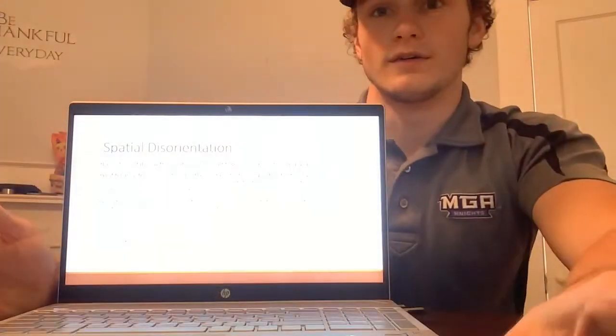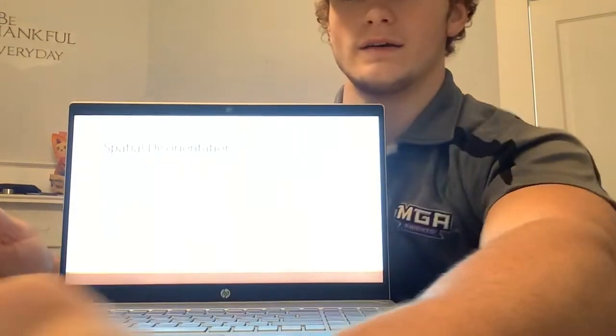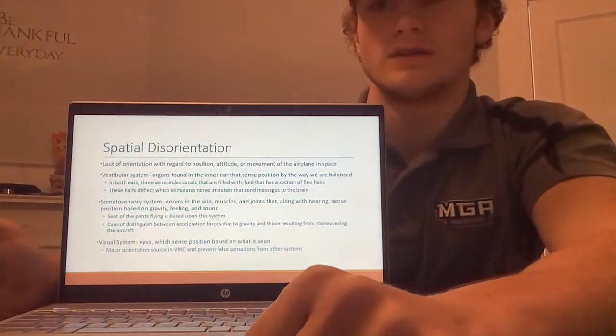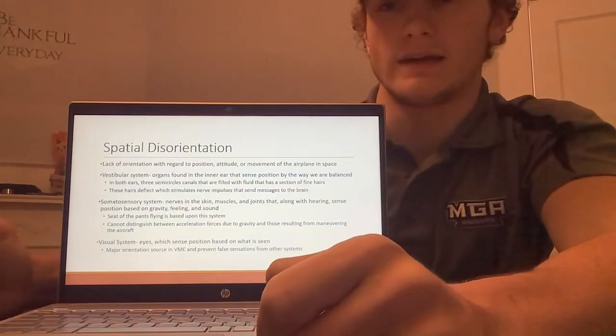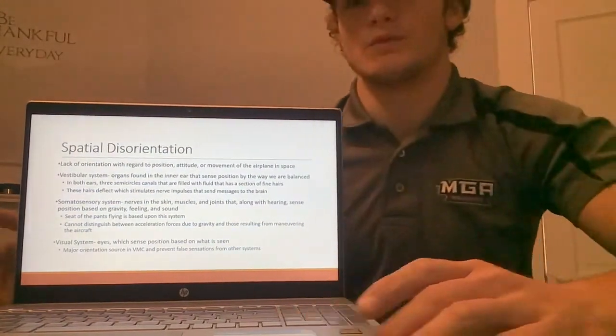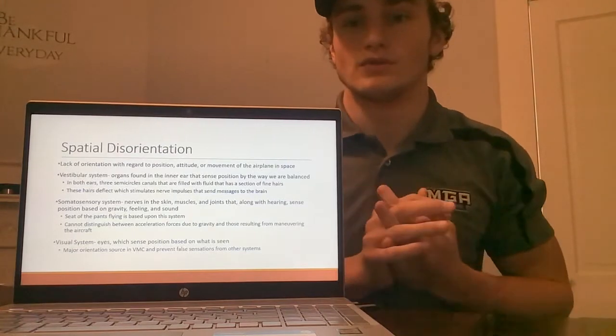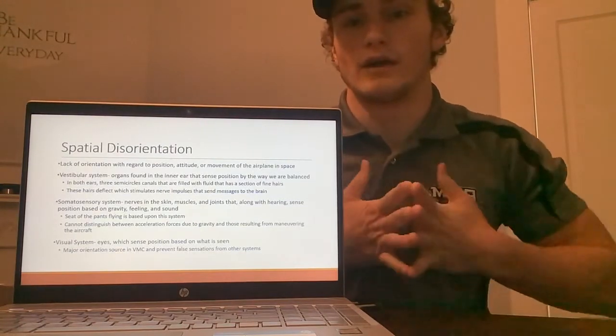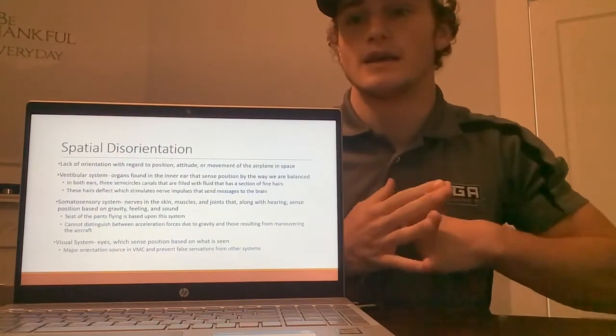The next factor that we'll get into is spatial disorientation, which is a lack of orientation with regard to the position, the altitude, and how the aircraft is in space.